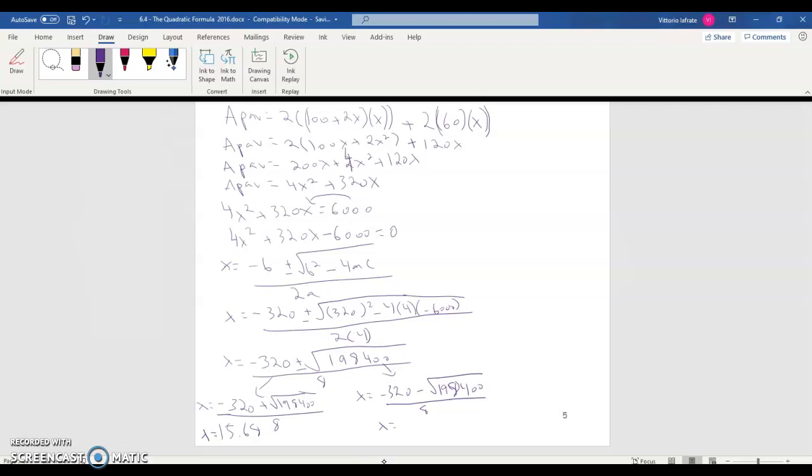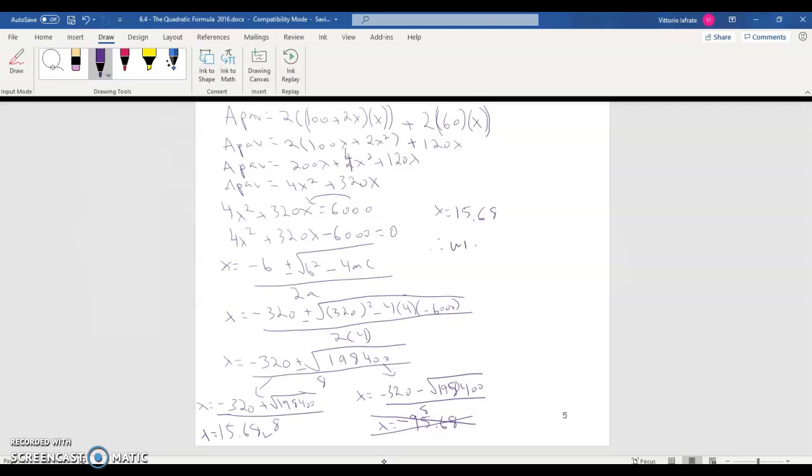If you plug that in your calculator, we get negative 95.68. Now we're looking for a width. This one here probably does not make sense because it's a negative value in this case. So the width we're going to go with is this one here. So we get that x is equal to 15.68.